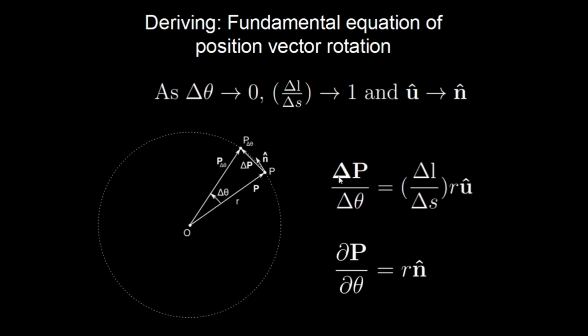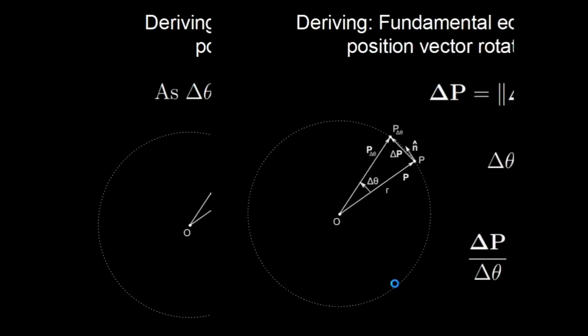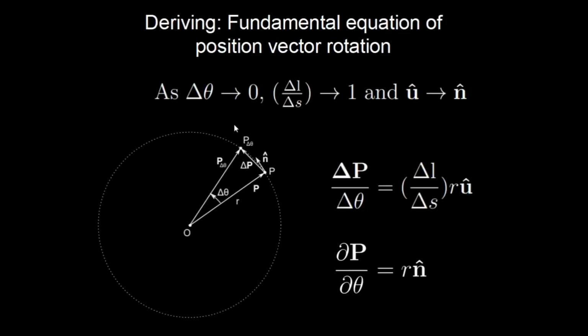We just obtained this equation. As delta theta is approaching 0, this term is approaching 1, and the unit vector u hat of delta bold P is approaching unit vector n hat.